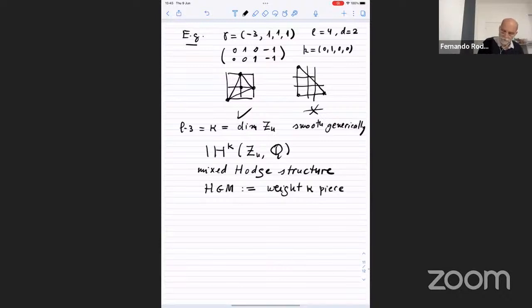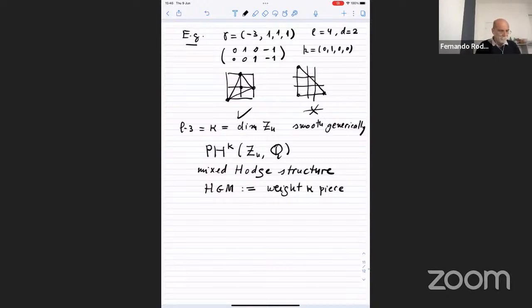And there's a further thing that I need to do. I'll say a little bit more about this a little later, but you also have to remove the contribution from the ambient torus, and so that is this P that stands for primitive cohomology. But anyway, if all of this is new to you, don't worry. What I'm trying to say is that there is a specific concrete definition of what this motive is.